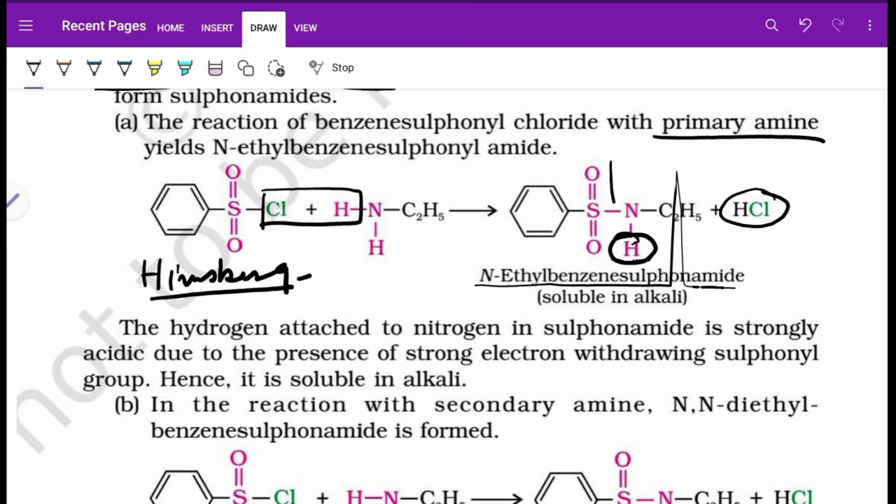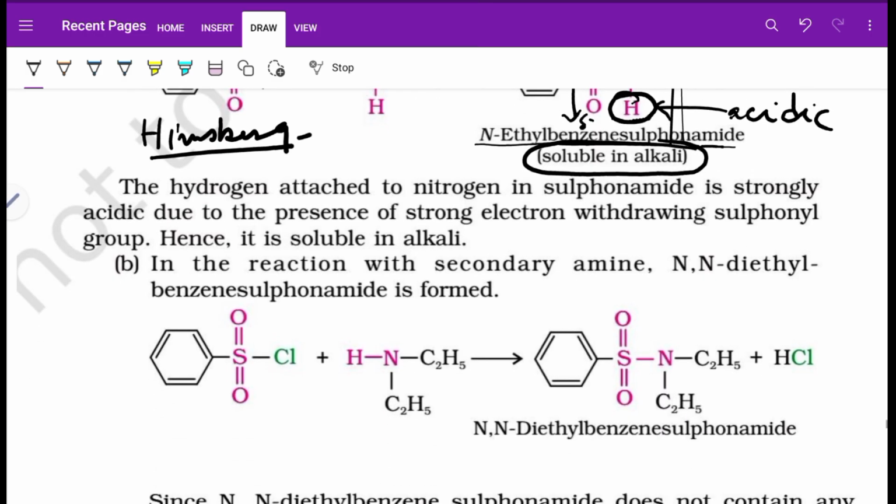On account of the presence of two double bonded O with sulfur. It has an electron attracting tendency, for which this H becomes acidic in nature, and so it is soluble in alkali. This can happen when you take 1 degree or primary amine.